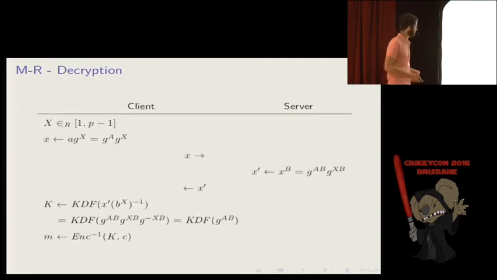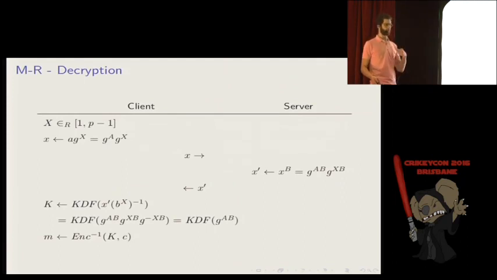For decryption, Alice generates a new key pair, or a new private key x, and computes the value X, which is A, her public key, times g to the power of x. By the way, when I'm talking about exponentiation here, in the integer modulo p group, it is actually exponentiation.